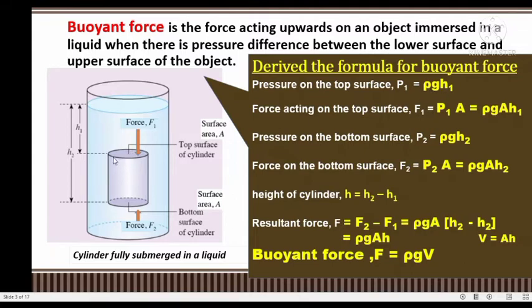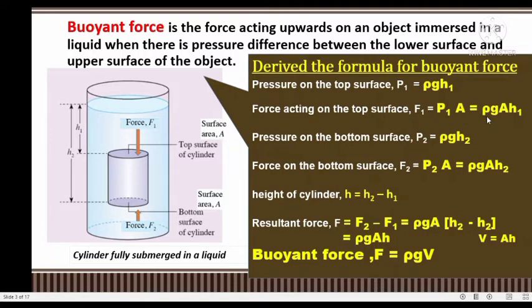Because the top surface is at a depth of H1, we get P1 equals rho gh1. Rho is the density of the liquid. The force acting on the top surface, F1, can be determined by pressure P1 multiplied by surface area, P1A.